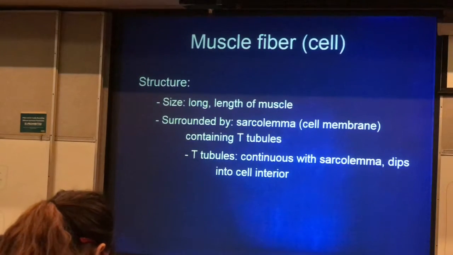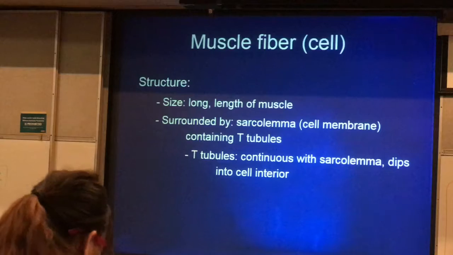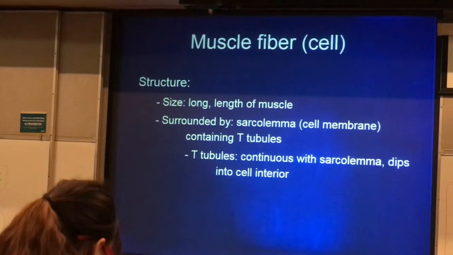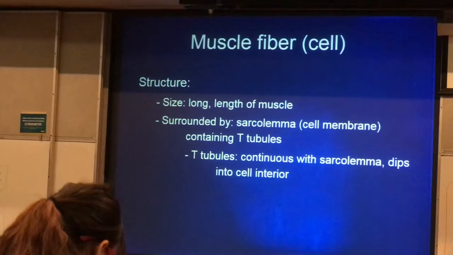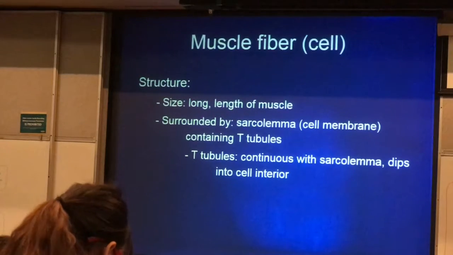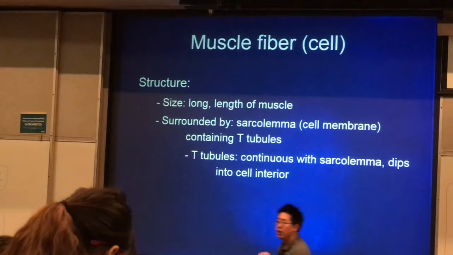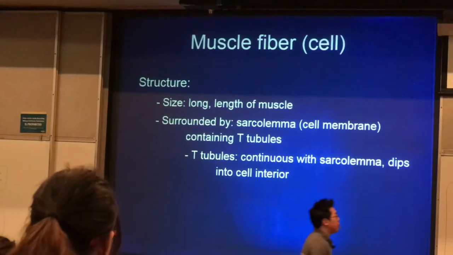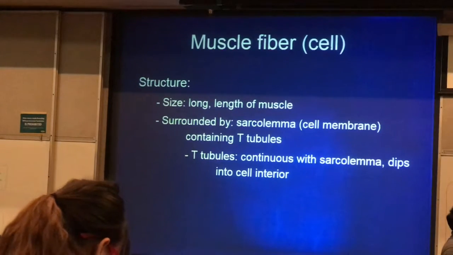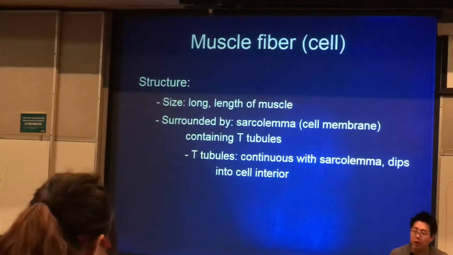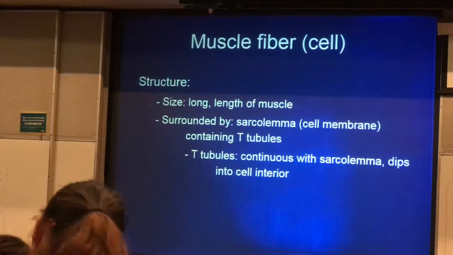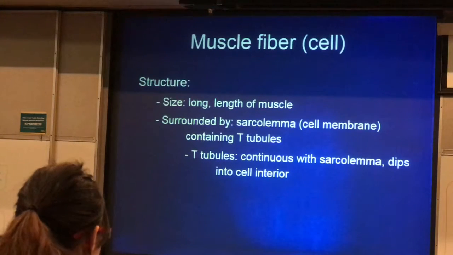Because it's a muscle fiber, we don't call the cell membrane that anymore, so what do we call it? Sarcolemma. So this part over here is your sarcolemma. And each of these dips in here, what are they called? T-tubules. The major function of your T-tubules we're going to see a little bit later. It's going to send an electrical impulse towards the internal part of the muscle fiber. So this over here will be your T-tubules.